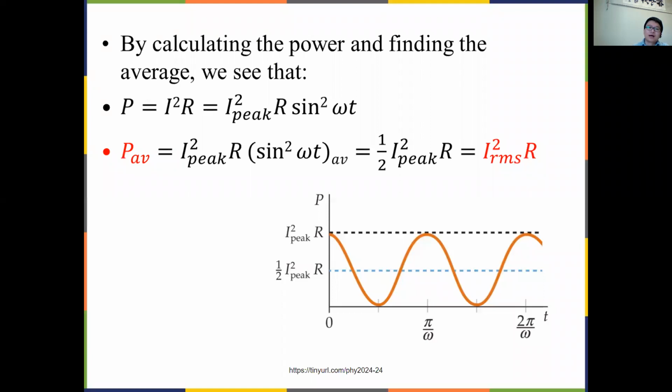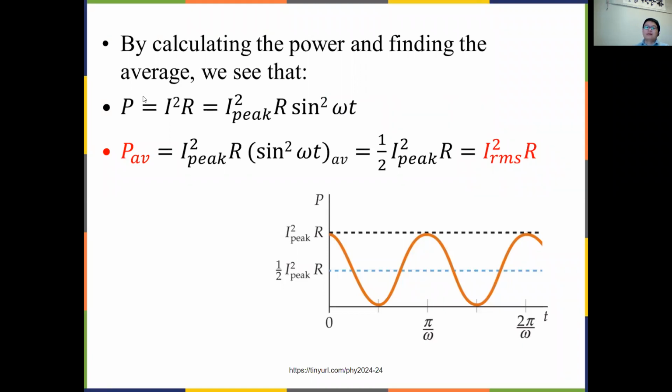The current is equal to I peak times sine of omega t, so if you square it, you also square the sine term, and then times R. This is just a rearrangement of the terms, putting the constant terms before the sine function: I peak squared times R times sine squared omega t.